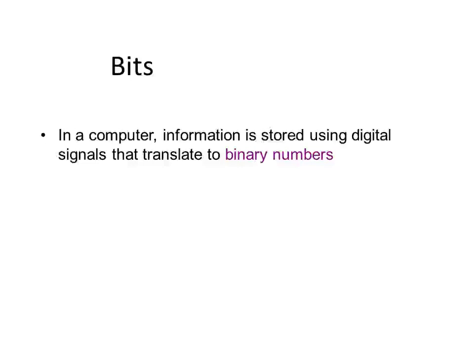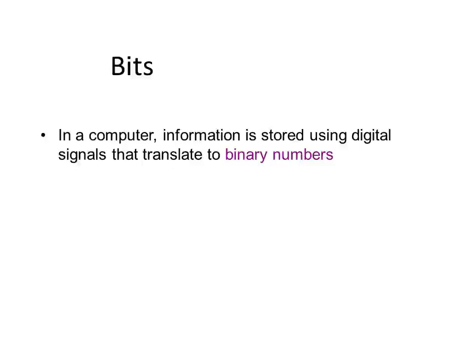Now bits. What is a bit? In the last few slides we discussed the decimal number system, which consists of 10 different symbols. When we come to computers, it is all about binary arithmetic, that means it only considers 2 symbols, that is 0 and 1, the binary numbers.